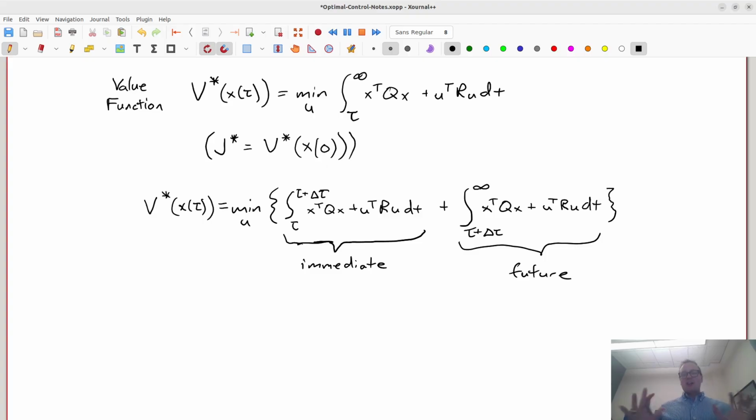So if we're just trying to optimize the immediate reward, we can't affect x that much in a small amount of time. So the solution to this immediate reward, if we were only considering that, would just be to set u equal to 0, because u is the only thing that we can control. But we also want to set ourselves up for getting a smaller objective value for this future component.